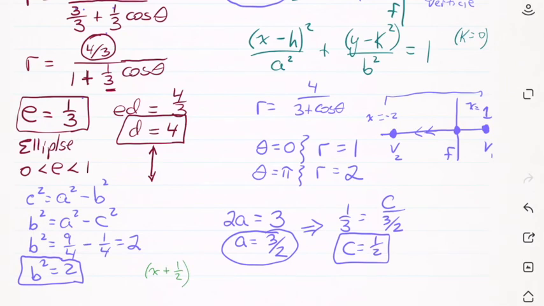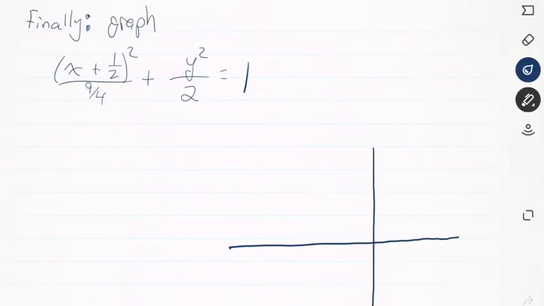Oops, that would make that plus, squared, over a squared, which is 9/4, plus y squared by itself, because we move neither high nor low, over b squared, which is 2, is equal to 1. So there's the equation of my ellipse, and now I can graph it, and it's not really that hard.